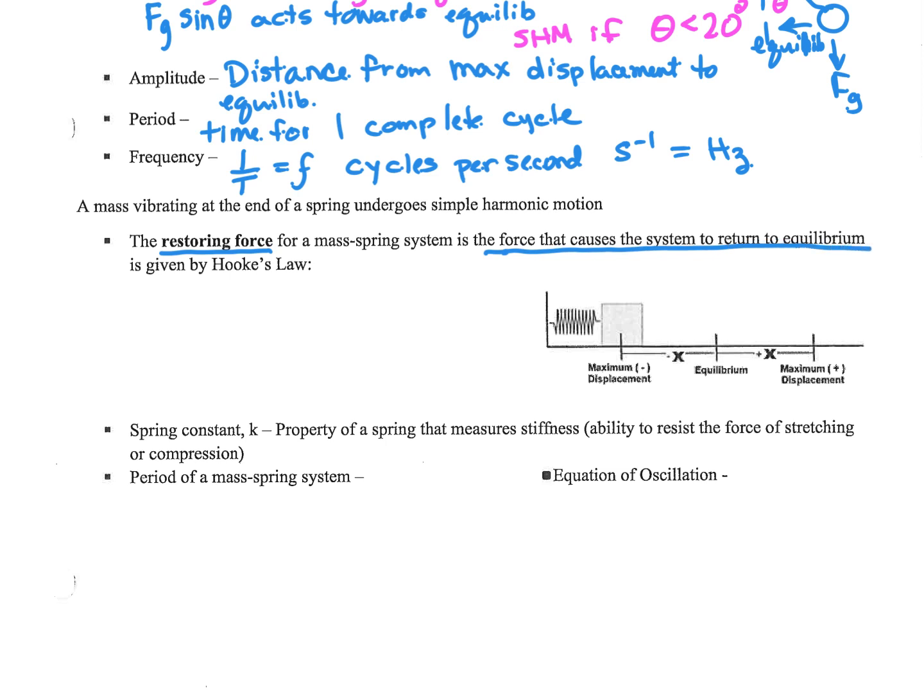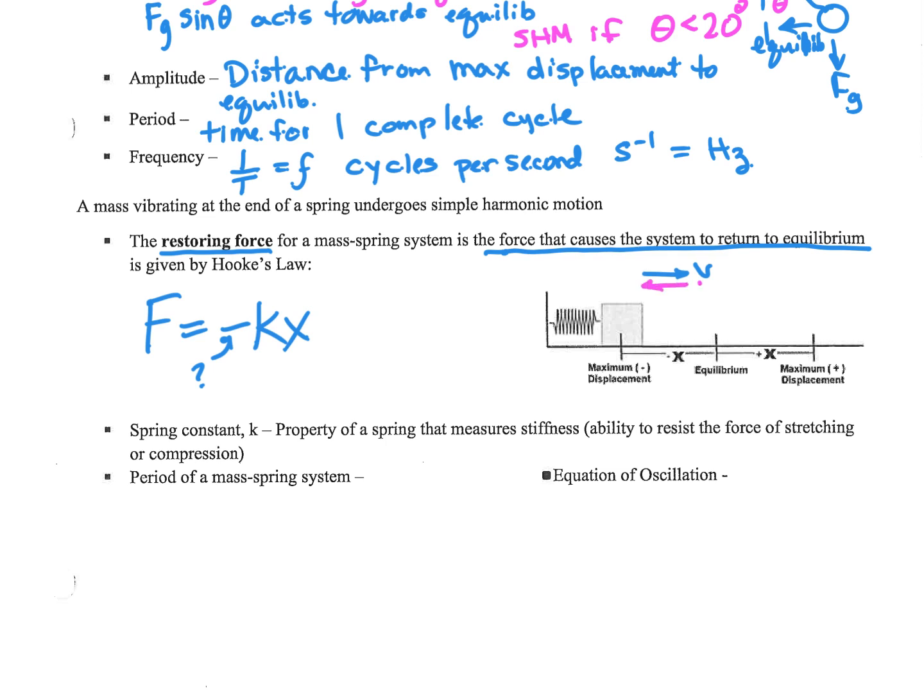What did we say? It wants to restore it. So if the block is moving in this direction, with some velocity that way, then the restoring force is in the exact opposite direction of that motion. So we have this negative sign to indicate that reversal of direction.